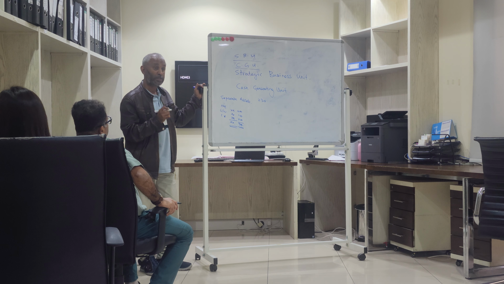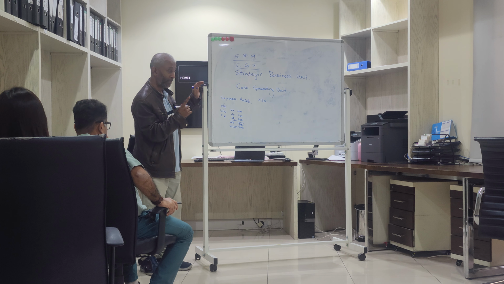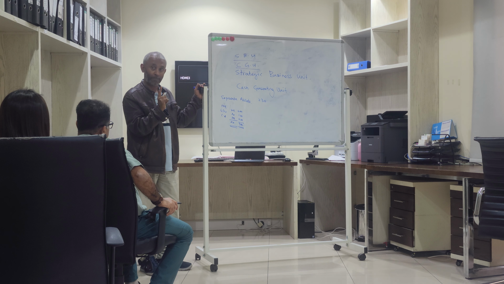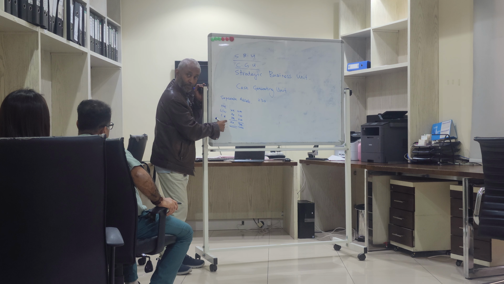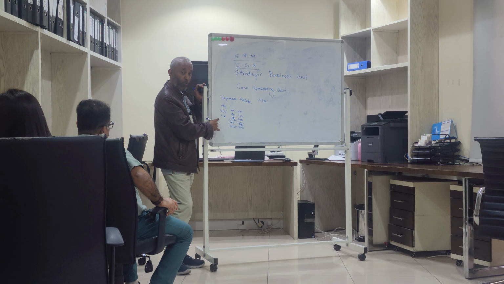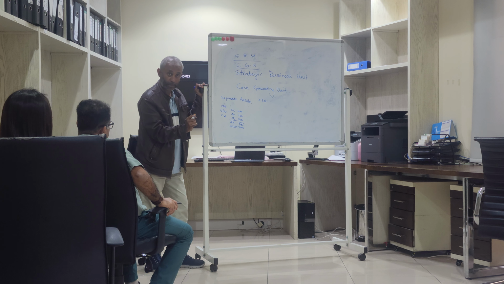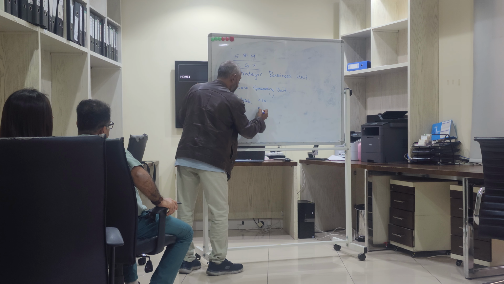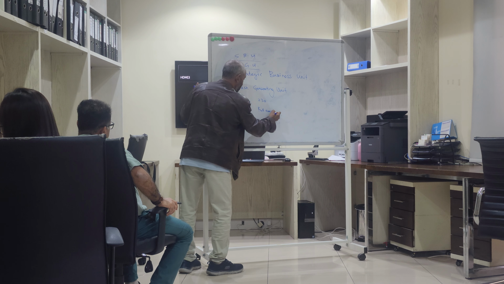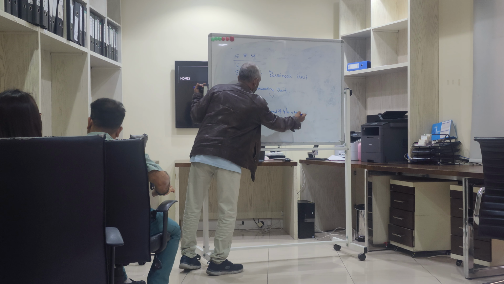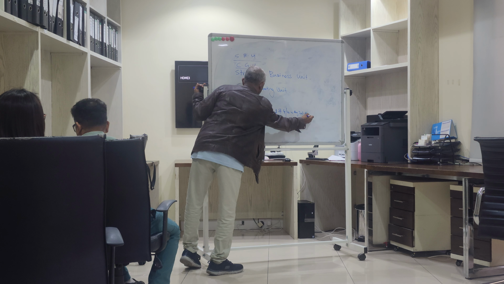How am I going to distribute this impairment? I told you, double entry. I will debit impairment expense and credit the given assets: property, plant and equipment, goodwill and current assets. How are you going to distribute this 230 among them? There is an order given by the standard. The standard says goodwill or any intangible assets first.